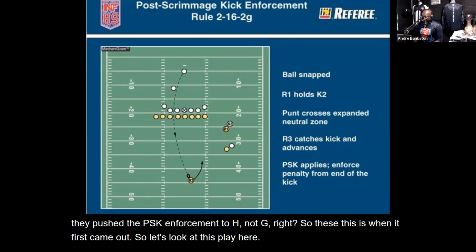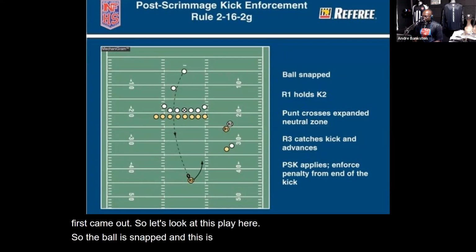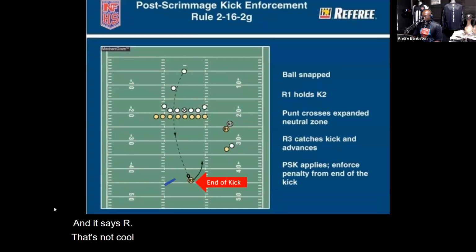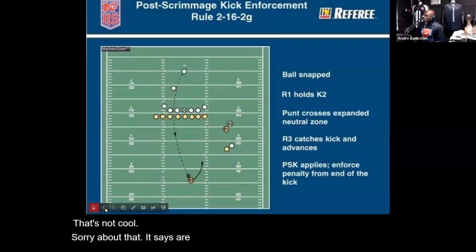So the ball is snapped, and we're looking at a scrimmage kick here. And it says R1 holds K2. Sorry about that. And then it says the punt crosses the neutral zone.